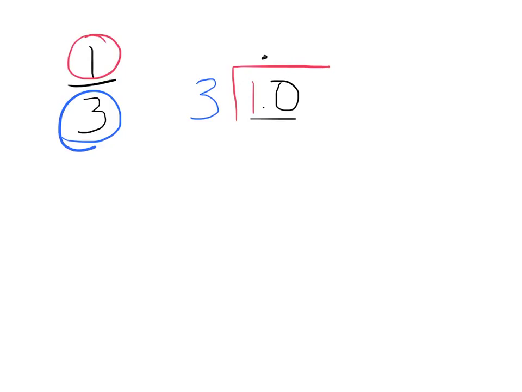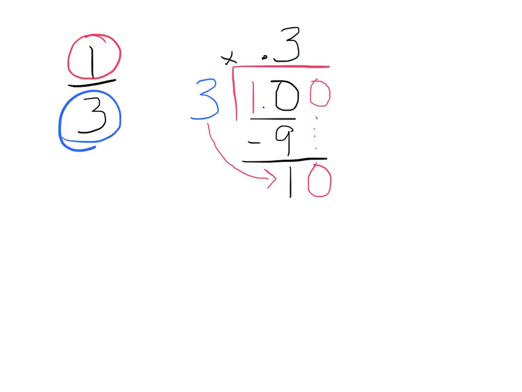Forgot my decimal up top. 3 will go into 10 3 times. 3 times 3 is 9. I'm going to subtract. 10 minus 9 is 1. Now, 3 can't go into 1, so I can add a 0 and drop it down.